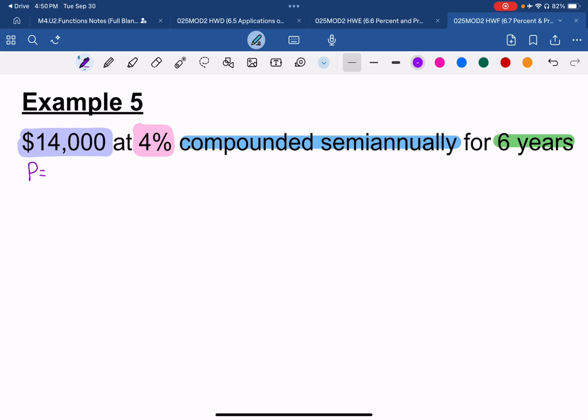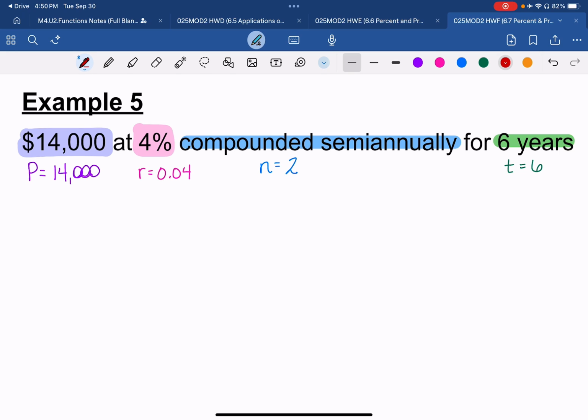That's what I'm starting with. 4% is my rate. Compounded means my n value. Semi-annually is going to happen twice a year, so that means my n is 2. 6 years, that's my time, so t is 6.